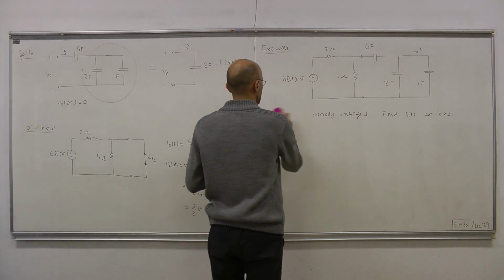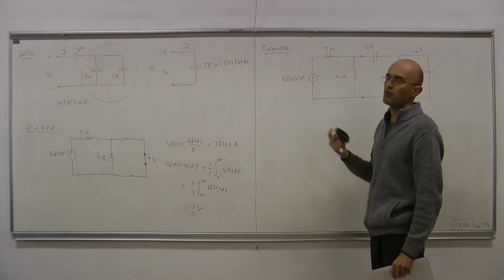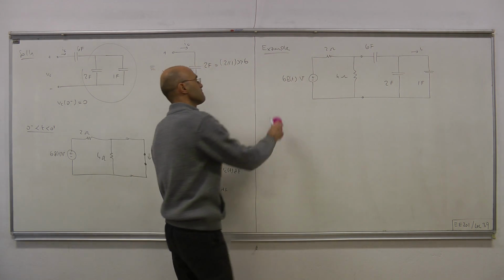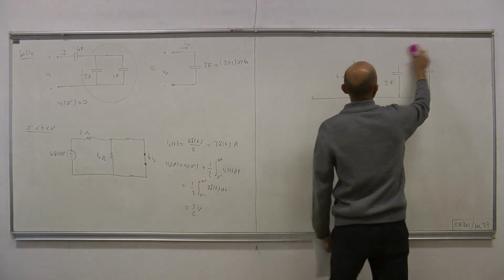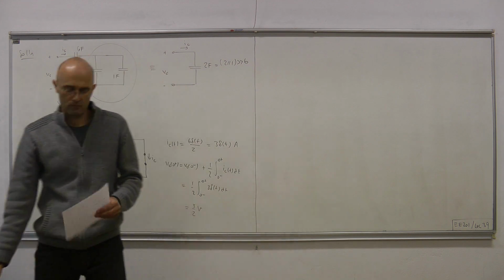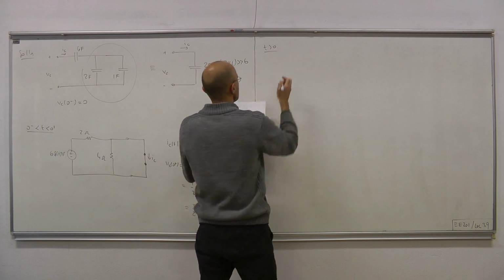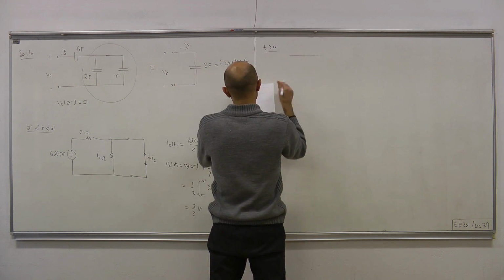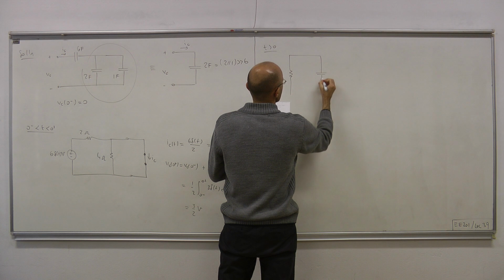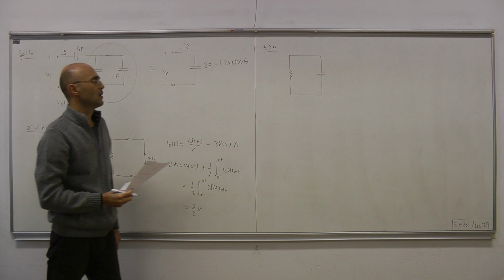Now we can continue with our analysis for T larger than 0, for positive times, where this is replaced by short circuit. Okay, for T positive, what we have is this very simple homogeneous topology.